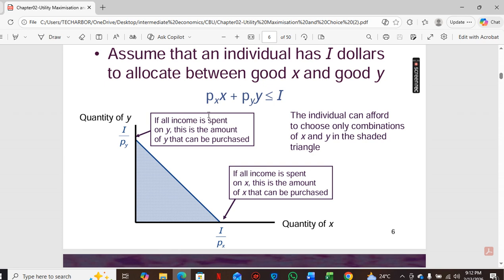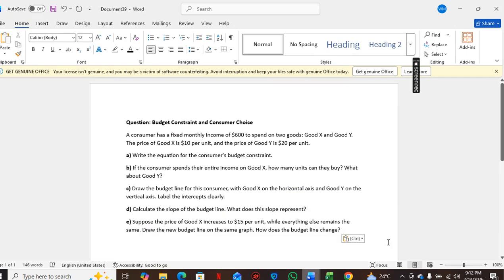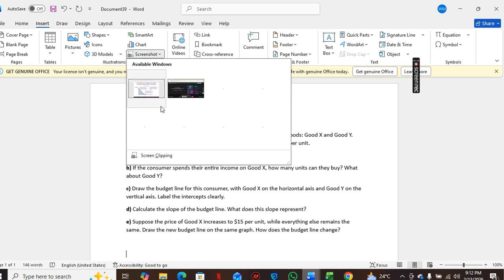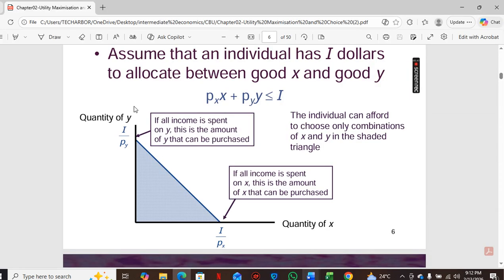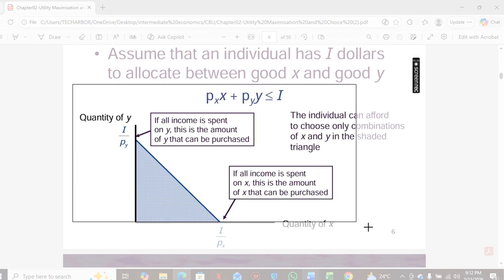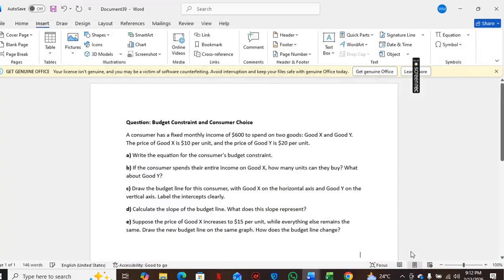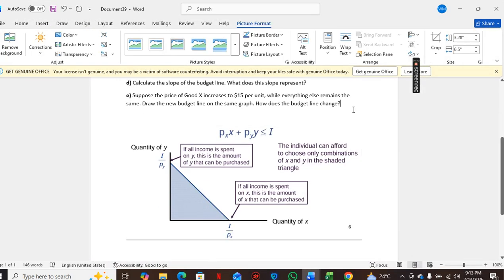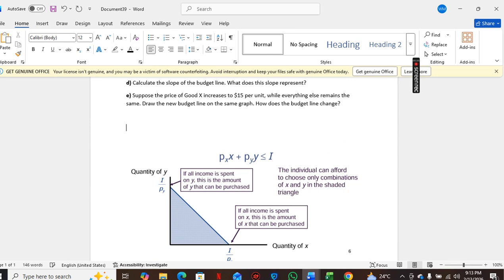So this is the budget constraint equation. Let me just put it like this. This is how the equation is.